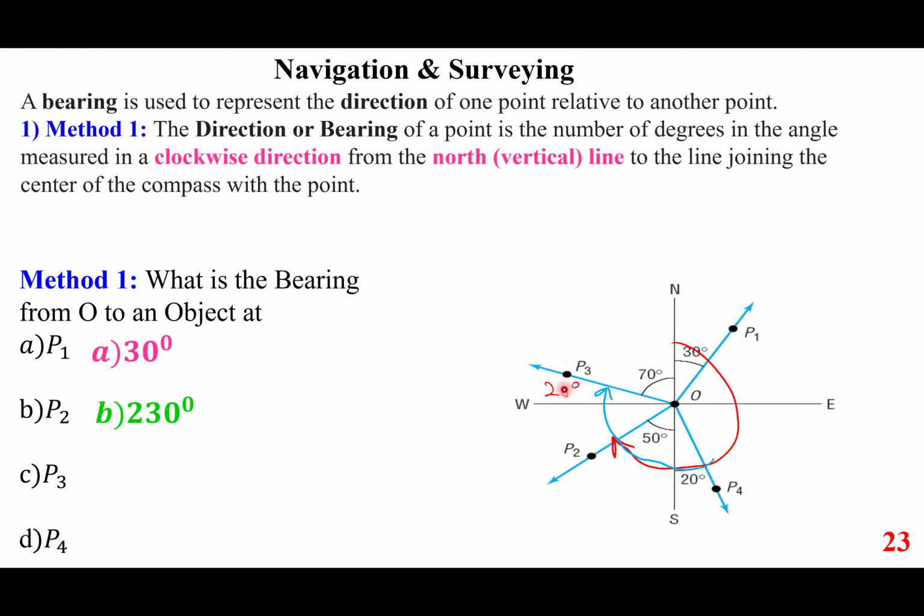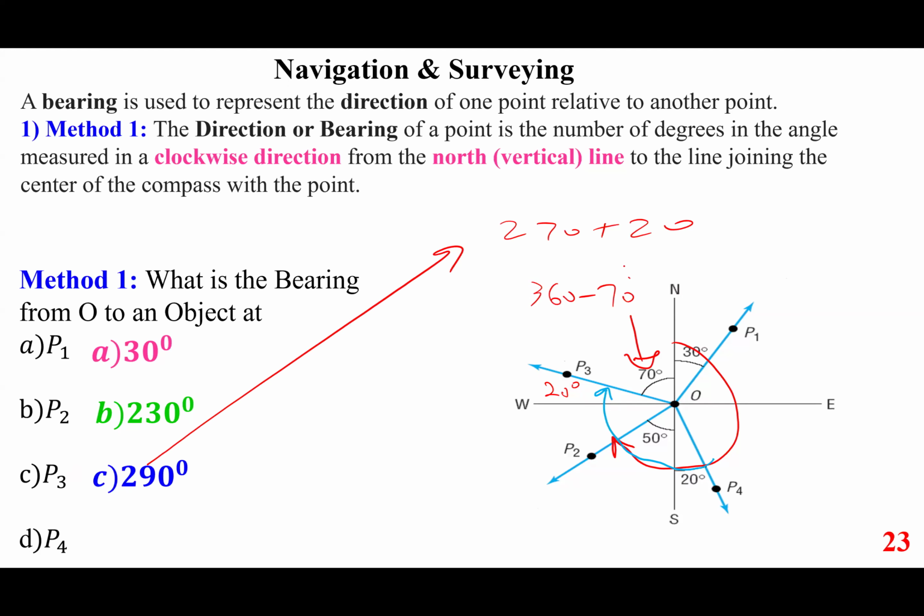I want to make sure that it's 290 degrees. There are two ways to find that. One way is 270 plus 20. The other way is that this angle is 70 degrees, so it is 360 minus 70 degrees. So one more time, this entire angle is 360. Subtract 70, you get 290.